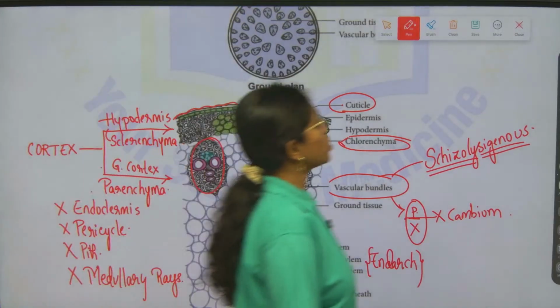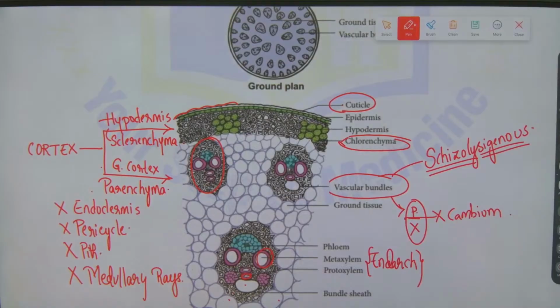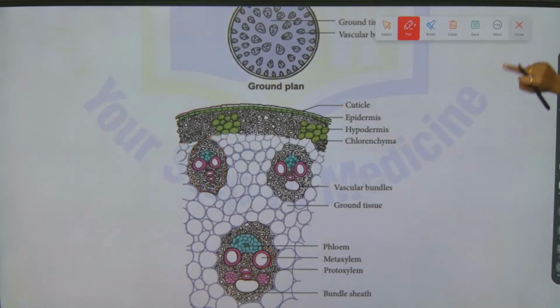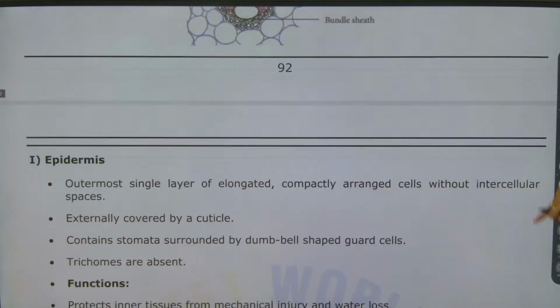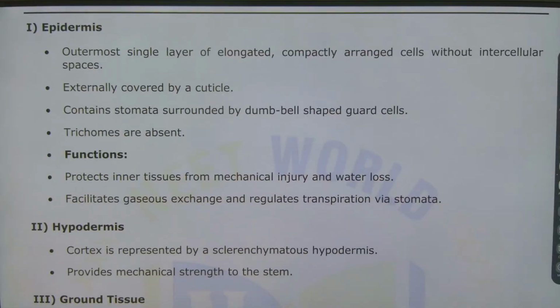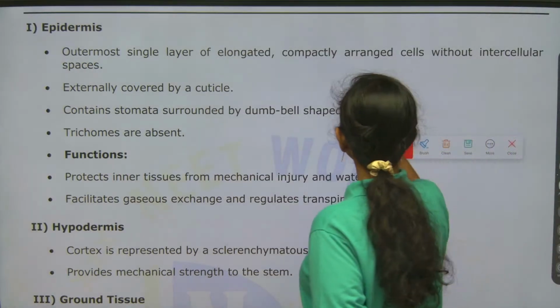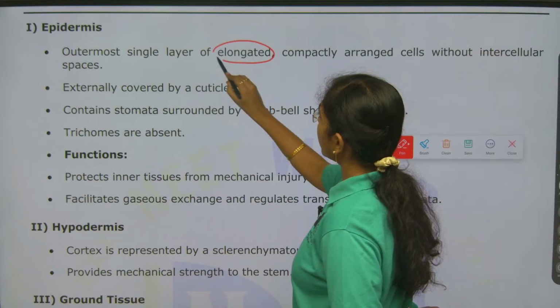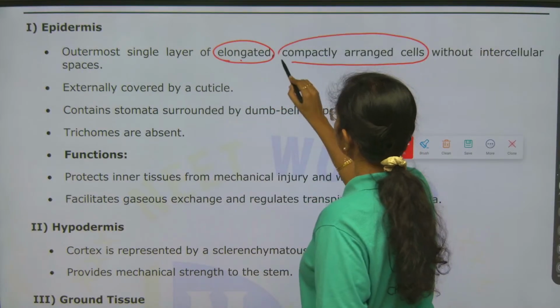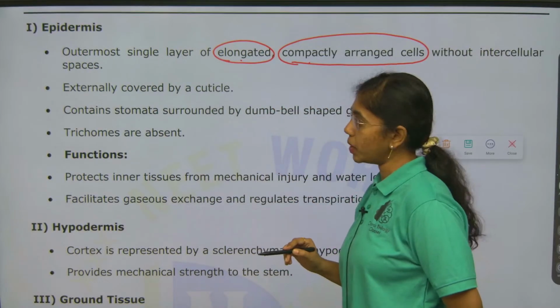Look into the sequence of the answer here. First, epidermis. Epidermis is the outermost single layer of elongated, compactly arranged cells without any intercellular spaces.